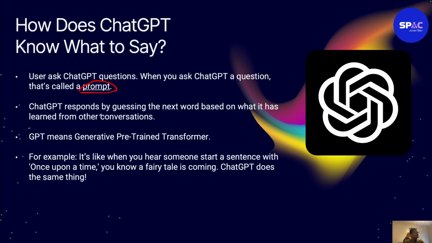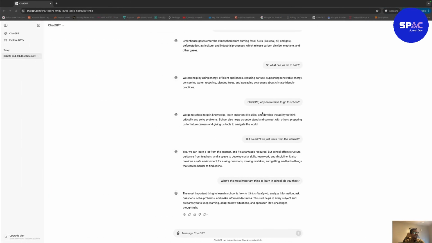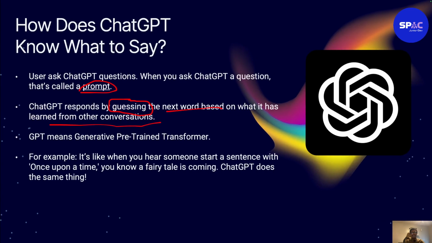Okay, so ChatGPT responds by guessing the next word based on what it has learned from other conversations. So the key word in here is guessing, right? It might look crazy, but we'll learn later in this video why we have to be very careful about the response that ChatGPT gives us, right? So ChatGPT is still guessing, right?